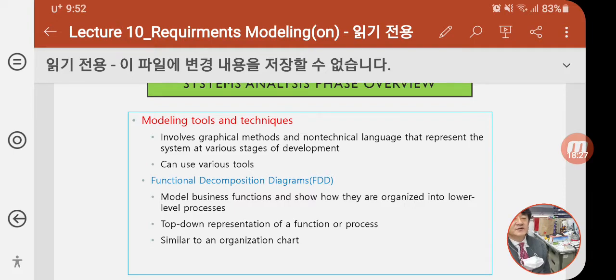FDD models business functions and shows how they are organized into lower-level processes. This is a top-down representation of a function or process. FDD is similar to an organization chart.